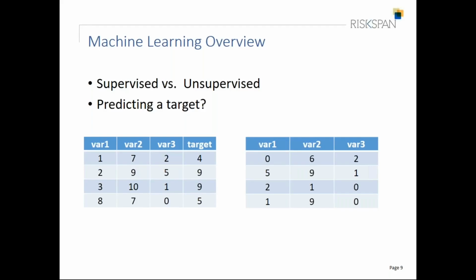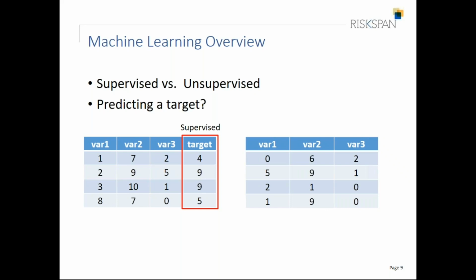We've got three variables in two data sets, and the data set on the left has a variable that I'm calling target, which means that this is a data set that we can use for supervised learning. Essentially, we're going to learn from variables 1, 2, and 3, their relationship to target. And once you've defined that relationship mathematically, when you get new data, you can make a prediction on an unseen target.